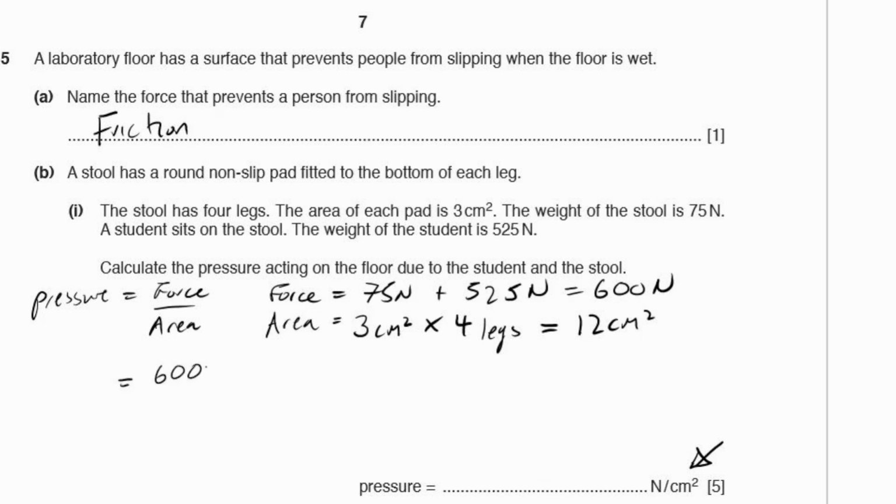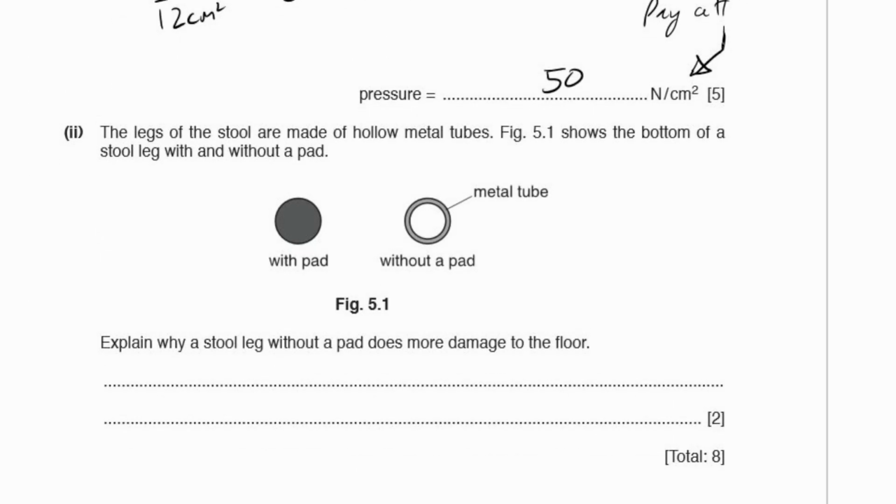That's 600 newtons divided by 12 centimeters squared, which will give me a value of 50 newtons per centimeter squared. There we are. That's our answer, 50. So a key point there, pay attention to the units. That's made our lives easier, the fact we could do it like that.